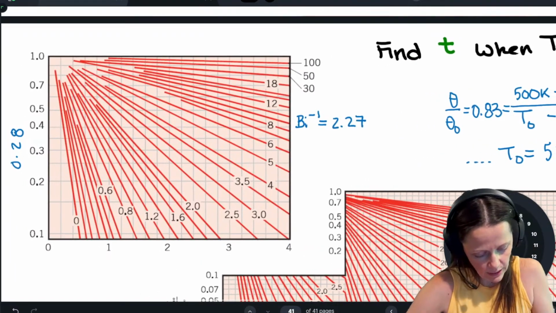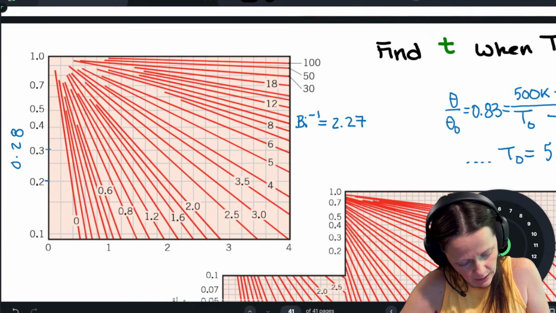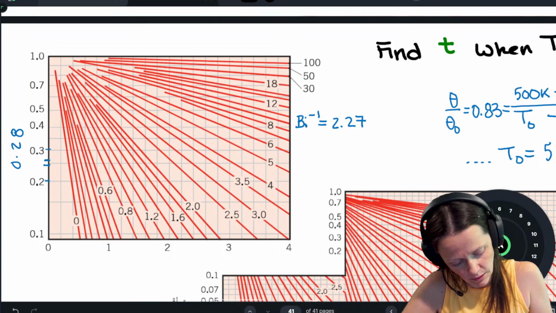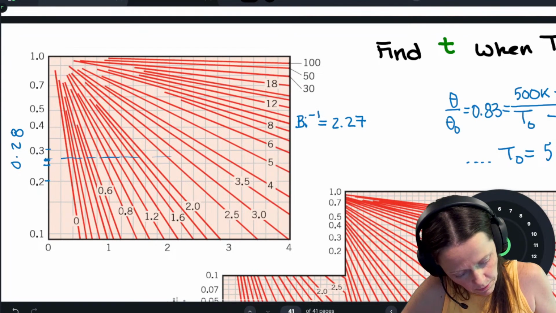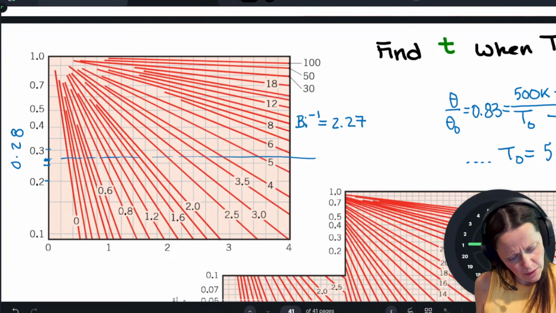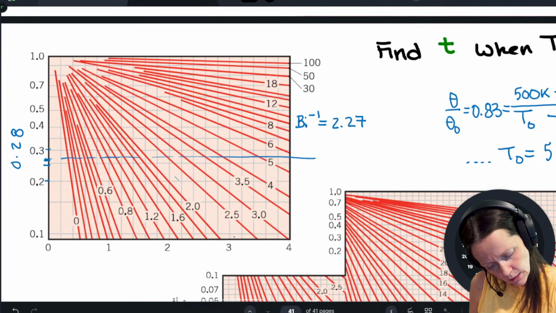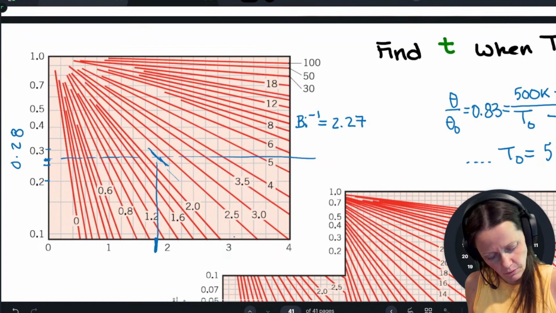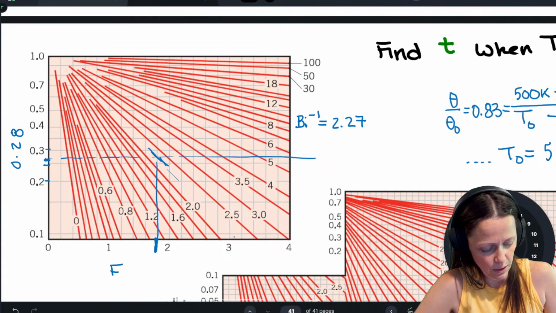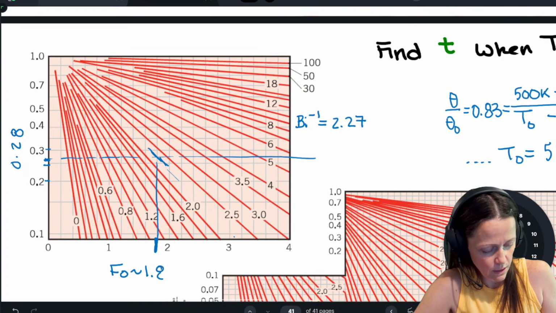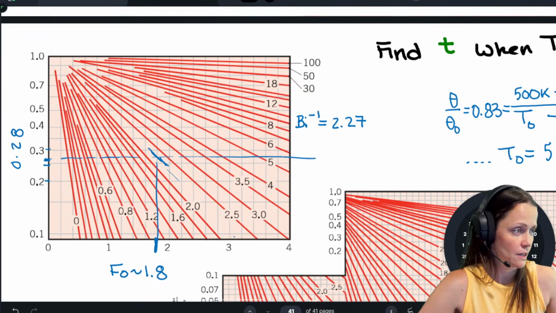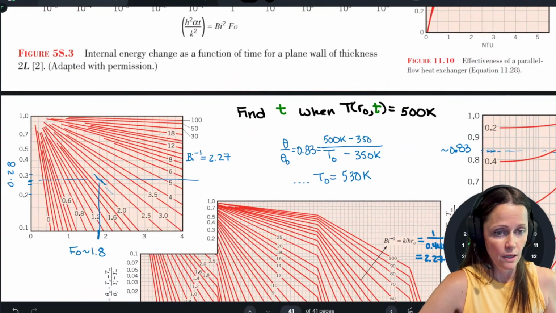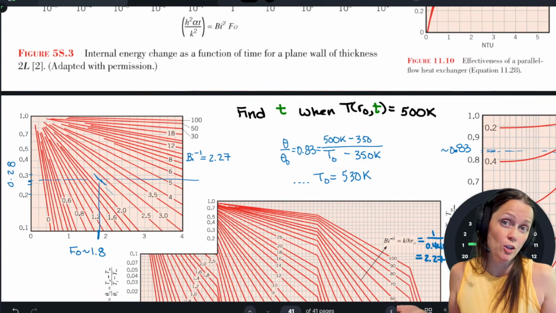All right, so it looks like it's kind of halfway between this line and this line. That right there would be about 0.25, so it's a little above it, so somewhere maybe on that line. And then my inverse Biot number, 2.27, so maybe about right there. So that looks like a Fourier number of roundabout 1.8. When we calculated it, we got a Fourier number of 1.72. So that's pretty close, I guess.